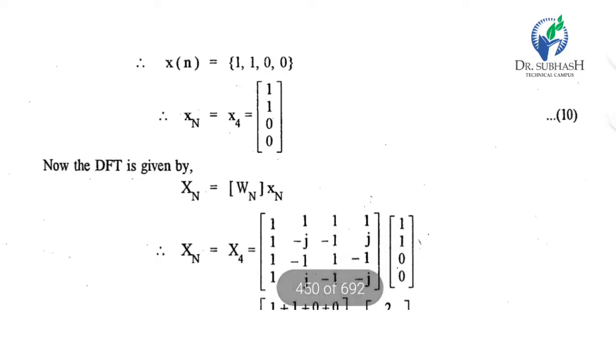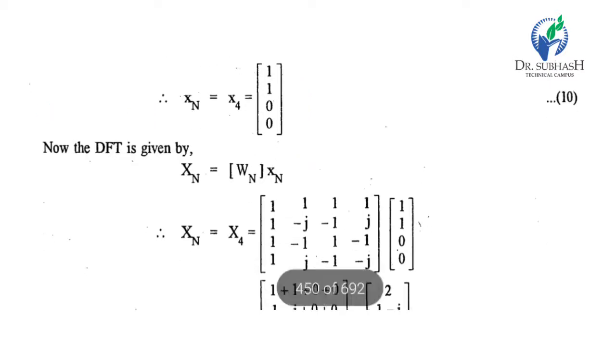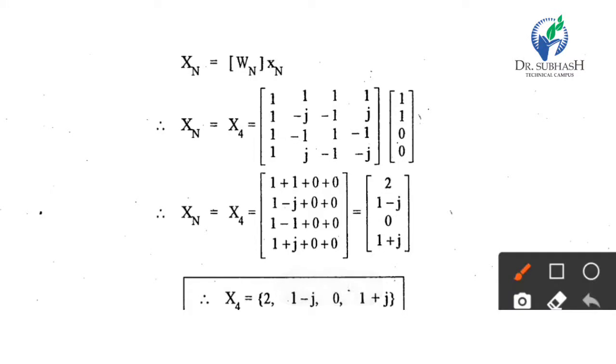So x of n, or x of 4, equals 1 1 0 0 after padding the zeros at the end of the sequence. Now the DFT is given by capital X of k equal to W_N multiplied with x of n.